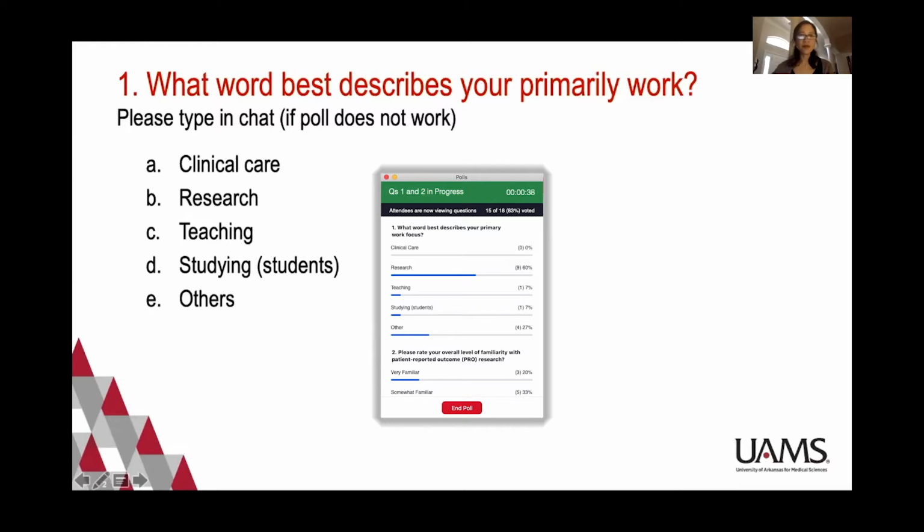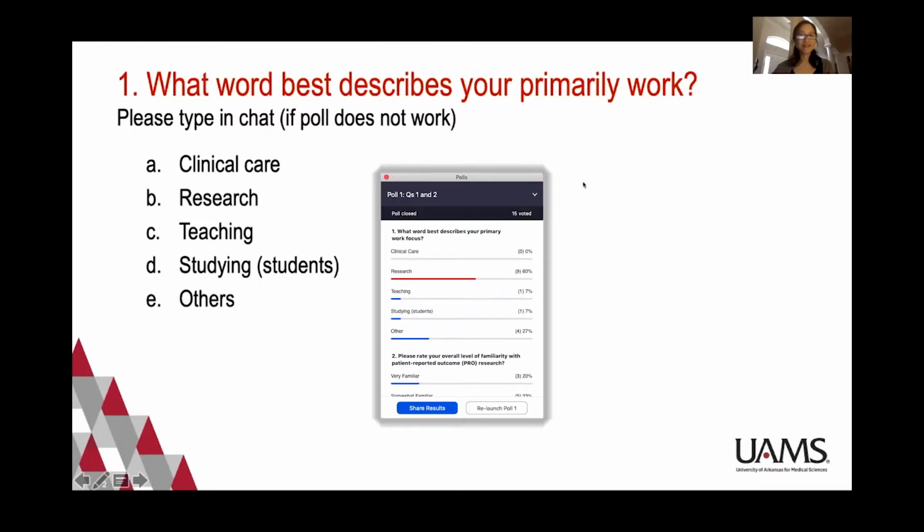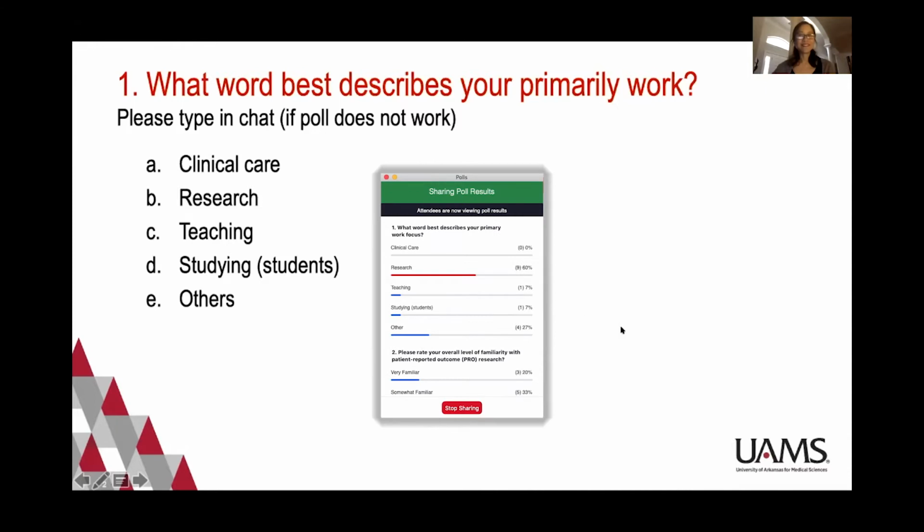I hope the poll works. It looks like everyone has answered, so I will end the poll and share the results. The majority are researchers or doing research, and there are also other types. I'm sorry I didn't cover everyone, but it's good to know that the audience is doing research.